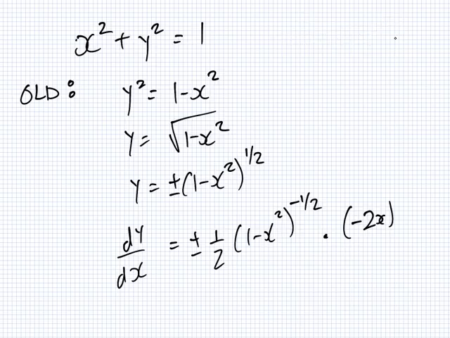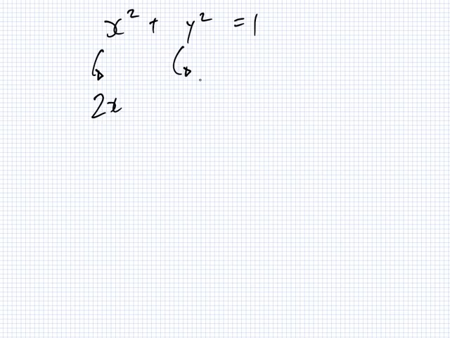So, let me show you how to do this implicitly. If you have x squared plus y squared equals 1, we differentiate everything. Derivative of x squared, 2x. Derivative of y squared, 2y dy/dx.